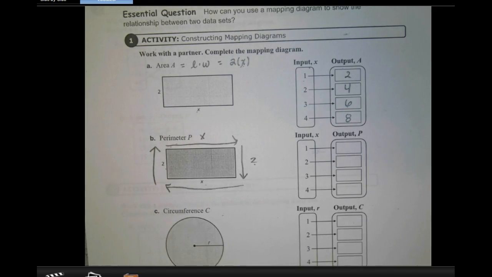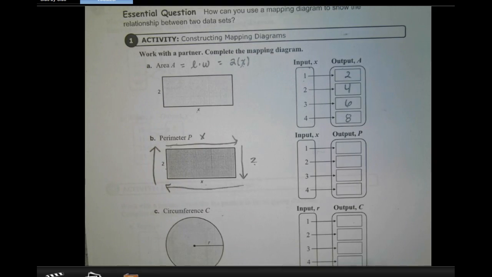Say again. I add 2 to what? And that's going to give me 4. So that gives me my perimeter. You're on the right track. It's not a multiplication problem. It can be, but it's not. Say it again.